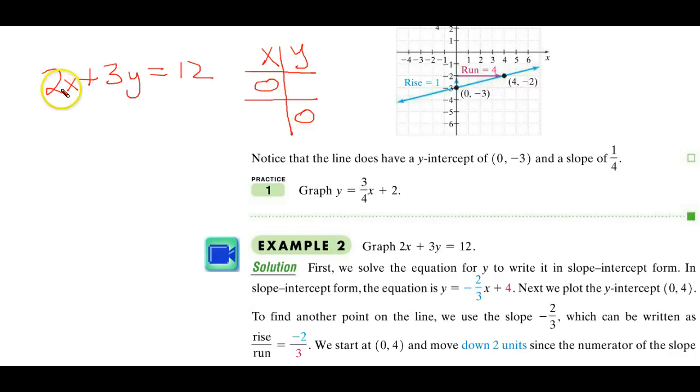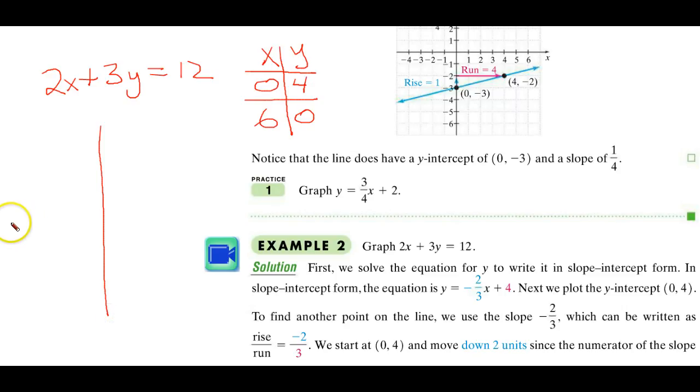So this would be, if x is 0 here, y is going to be 4. Now if y is 0 here, x is going to be 6.